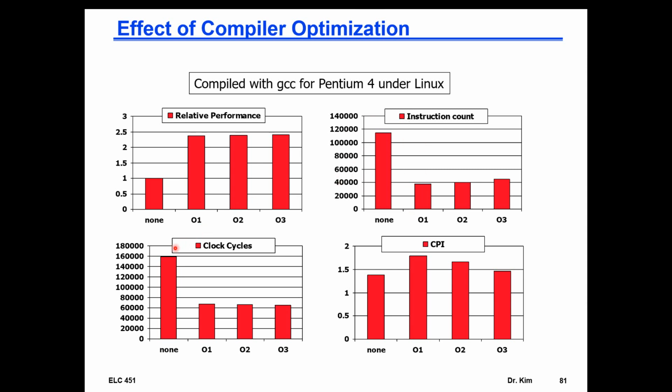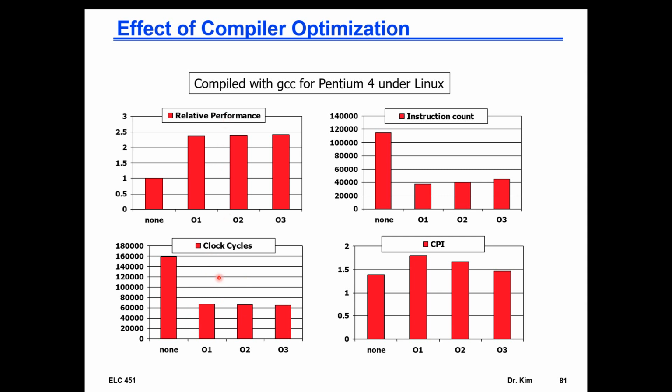This is another way of looking at performance. How many clock cycles does it take for the program to execute? So again, we can see that this is about 160,000 clock cycles, and with optimization, it runs much faster. These two graphs are related, performance and clock cycles.